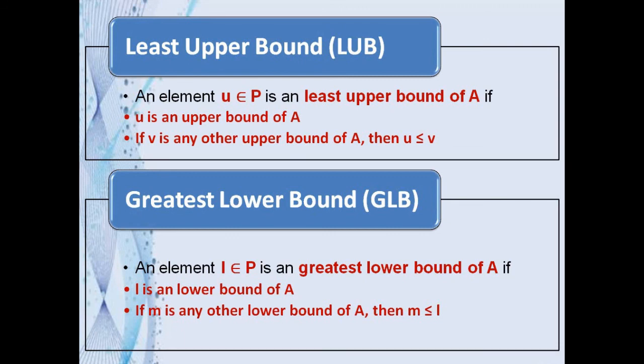An element U in P is the least upper bound if we can't find any other upper bound which is less than U. Similarly, an element L in P is the greatest lower bound of A if we can't find any other lower bound which is greater than L.